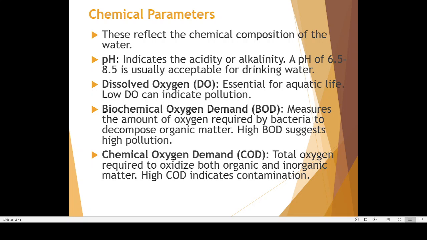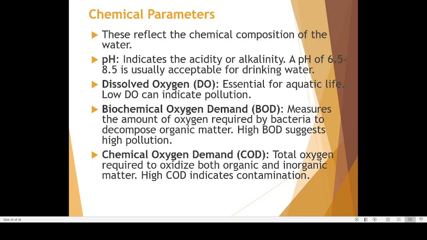High COD indicates contamination. For example, if some water is coming from a chemical factory, which is releasing its chemical waste into the river, and you check the chemical oxygen demand of that water, it will show high COD. That indicates that a lot of inorganic substances have been released into the water.